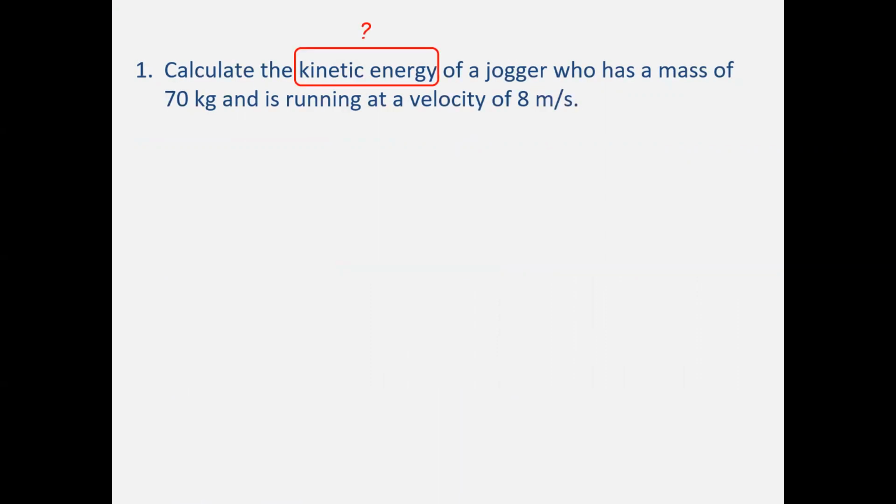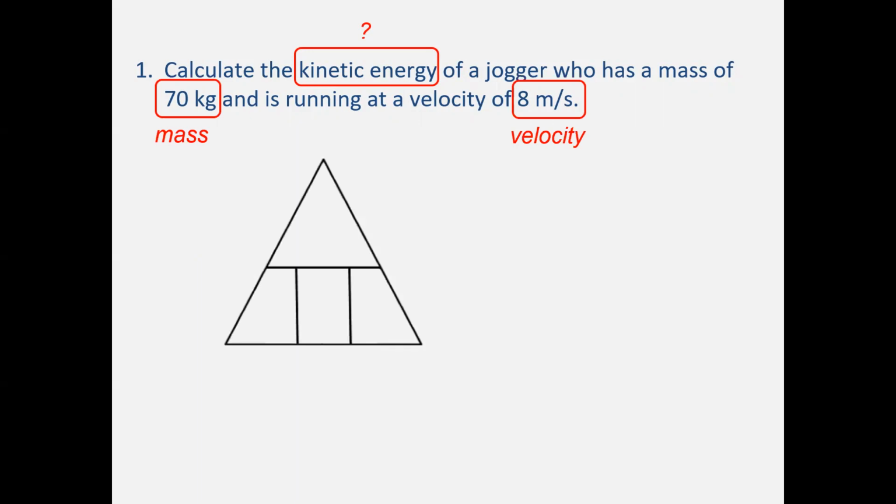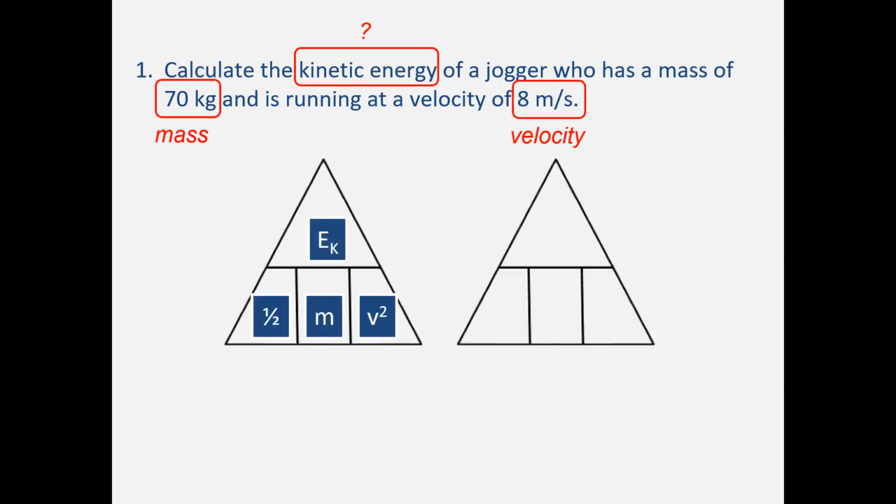So the question is asking me to calculate the kinetic energy. So the question mark says that's what I'm trying to find out. Now, that question provides me with the mass, which is 70 kilograms, and the velocity of 8 meters per second. So now that I've got that information, I can use it to complete my formula triangle.